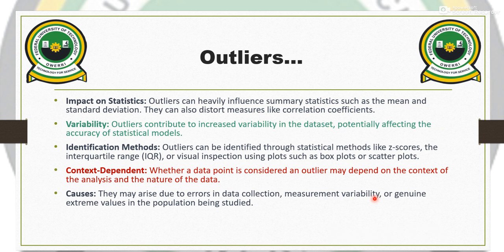Okay, outliers are context dependent. Whether a data point is considered an outlier may depend on the context of the analysis and the nature of the data. What this point is saying is that we don't consider something an outlier without considering the context.